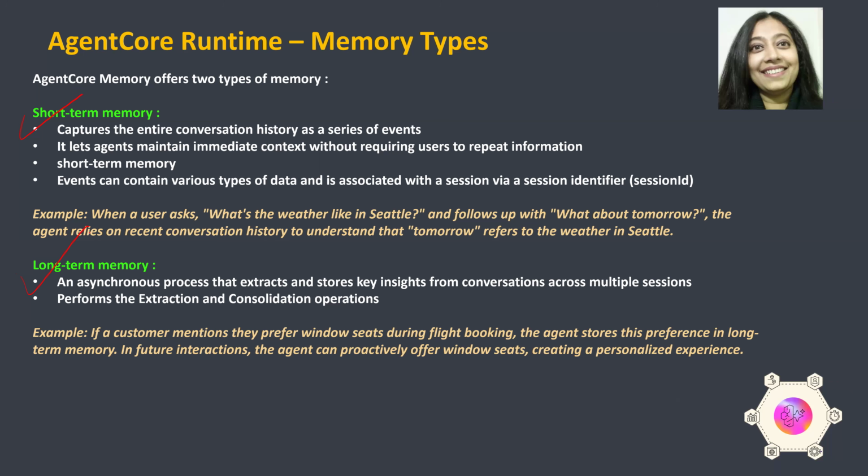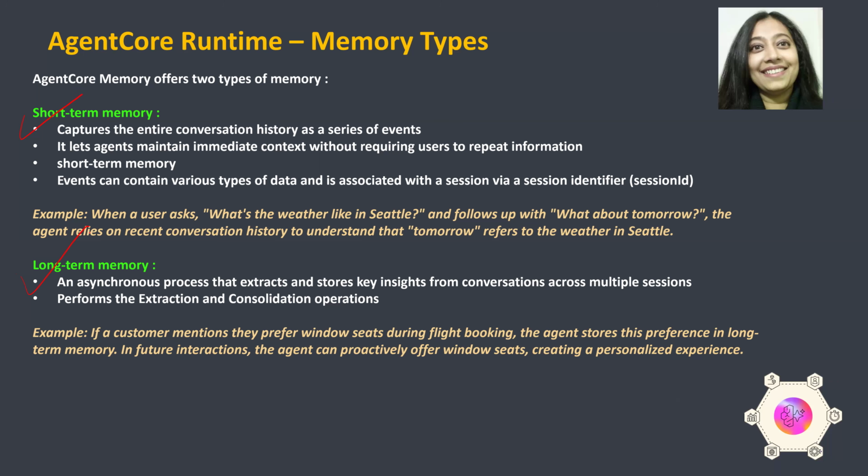Similarly, long-term memory for Agent Core is an asynchronous process. Remember, you told the person, I'll get back to you. So there was a background process. Your mind is going to think, and suddenly you'll remember. Similarly, it's an asynchronous process that extracts and stores key insights from conversations across multiple sessions.